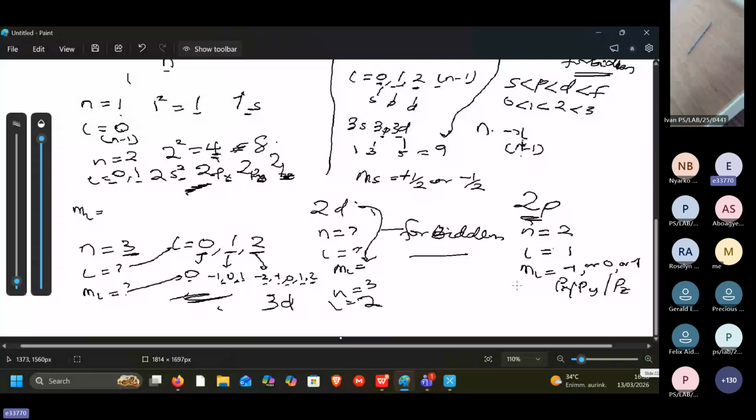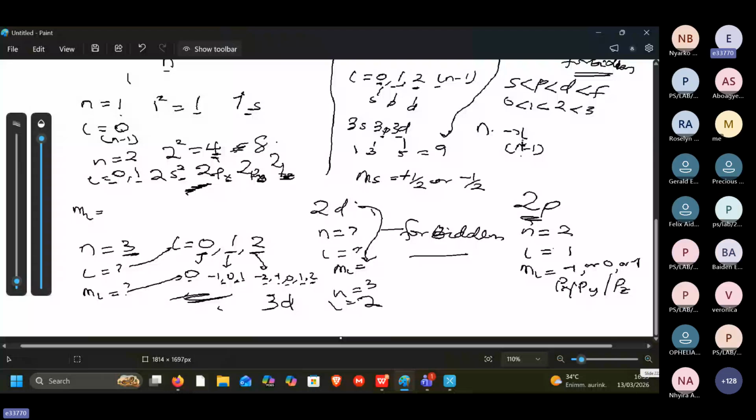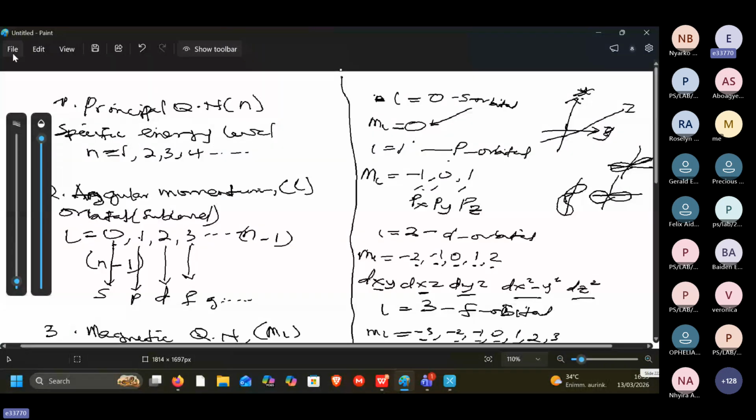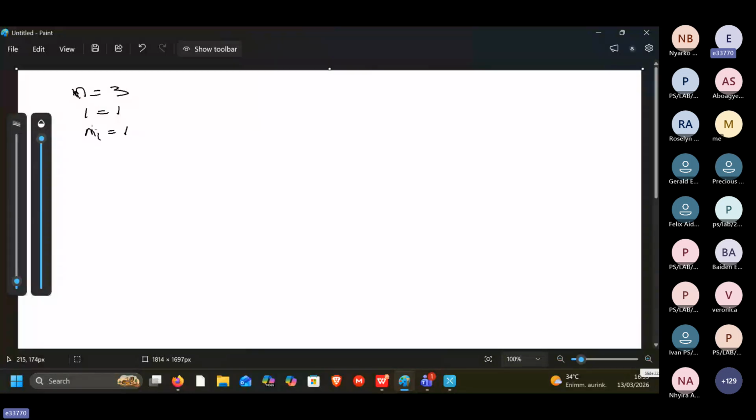Okay. Now let's see if you are following that. Can you write this in terms of the orbital representation for me? So let me close this. To identify the orbital, if n equal to 3 and L equal to 1, and ML equal to 1, can you write the representation of these quantum numbers?